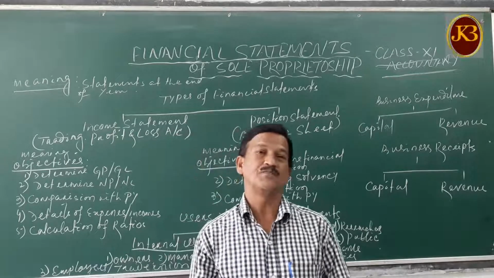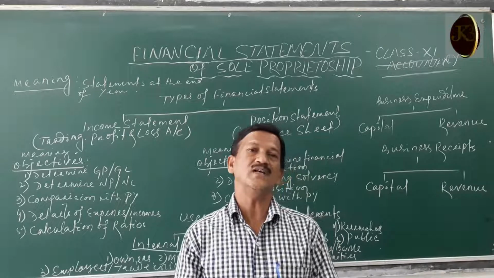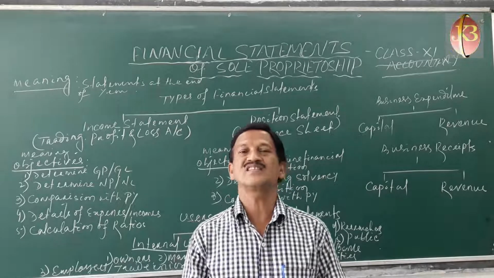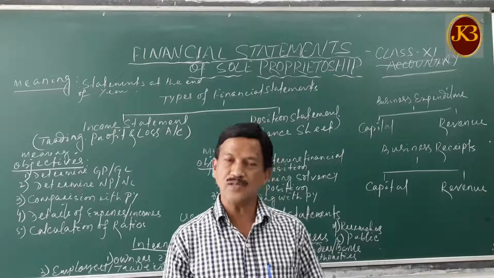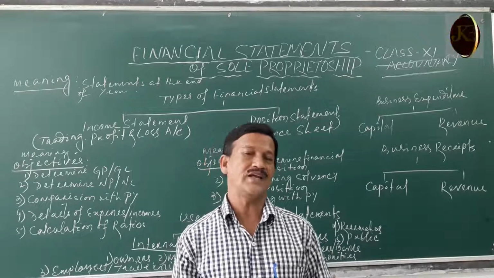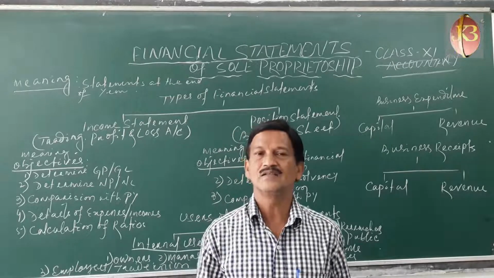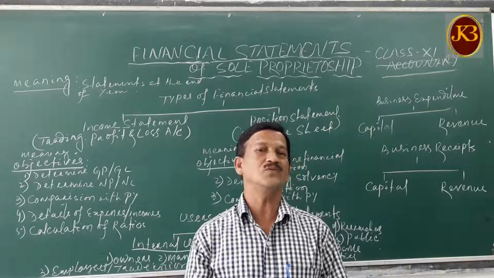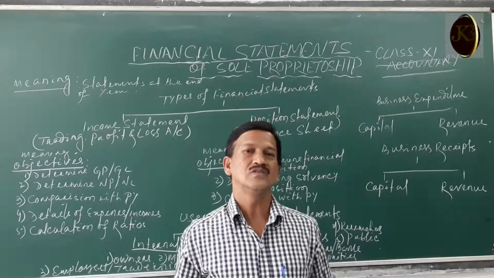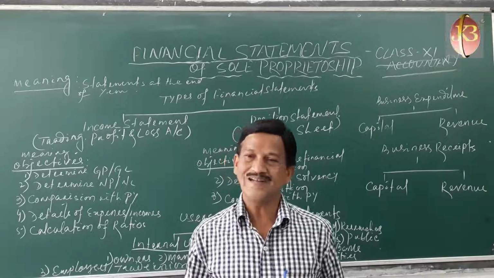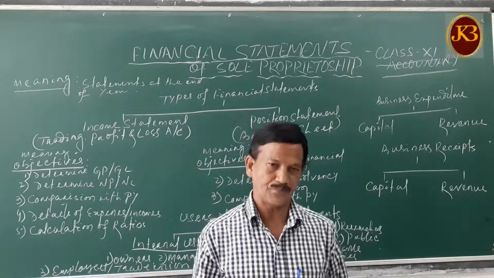From posting, we find out the arithmetical accuracy of the ledger balances by preparing the trial balance. The last accounting process is to find out the results and interpret them.